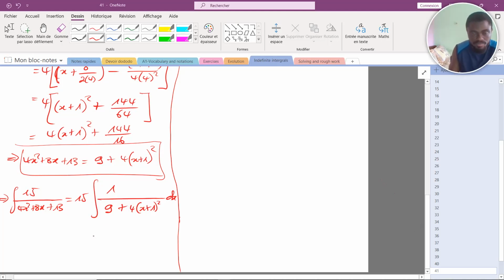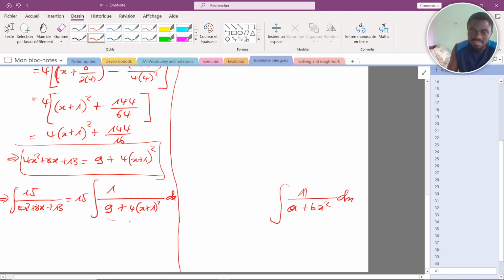How do we integrate this? When you look at this, I want you to recall something very important. We saw how to integrate 1 all over a plus bx squared dx. I taught you how to integrate this.